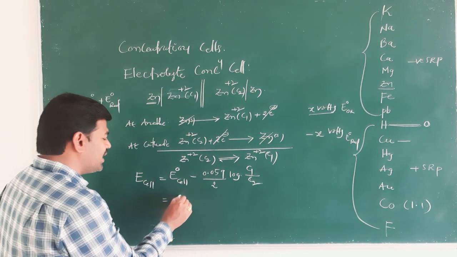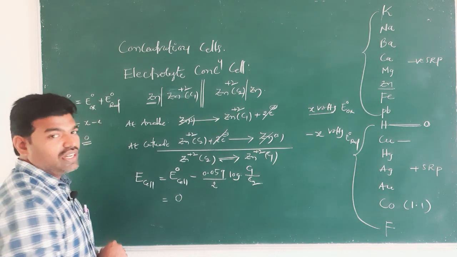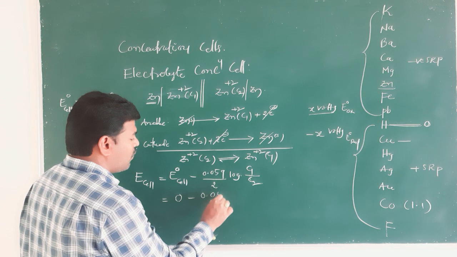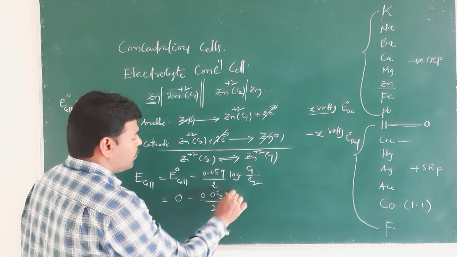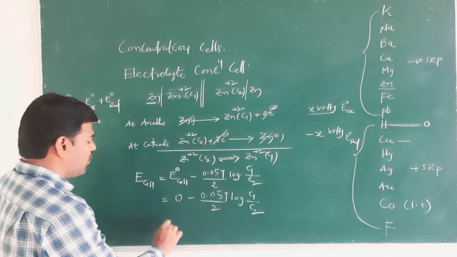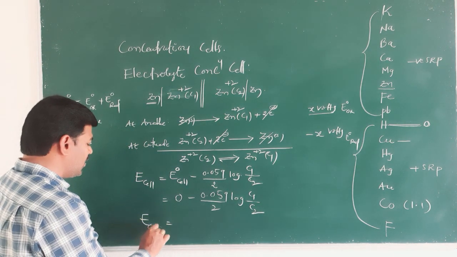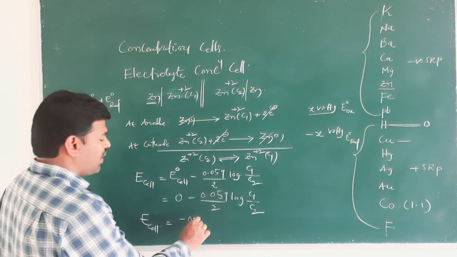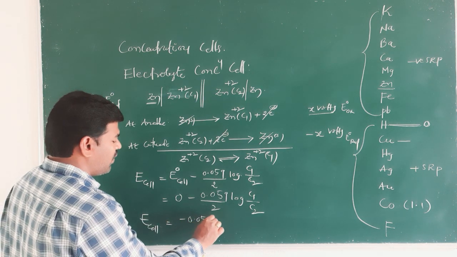So we can take E naught cell as 0, minus 0.059 by 2 log C1 by C2. Therefore, E cell is equal to minus 0.059 by n log C1 by C2.